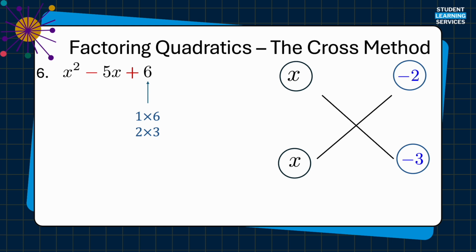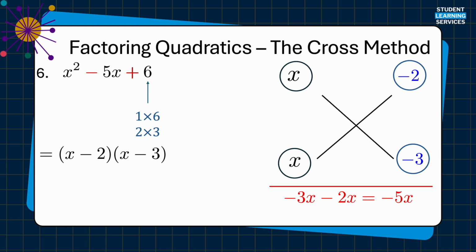And when we have negative 2 and negative 3, after you cross multiply it, we will have negative 3x minus 2x equals negative 5x, which is what we need. So the answer for this is x minus 2 times x minus 3.